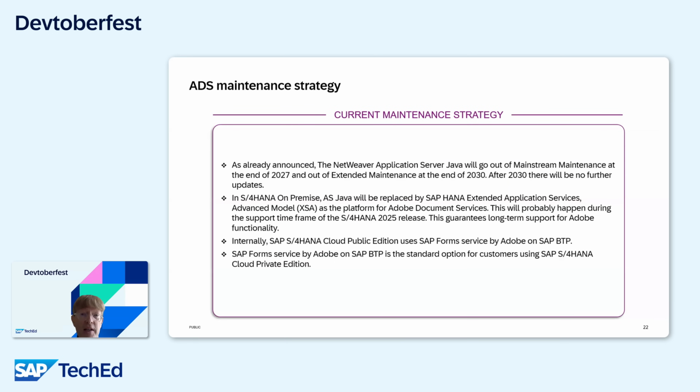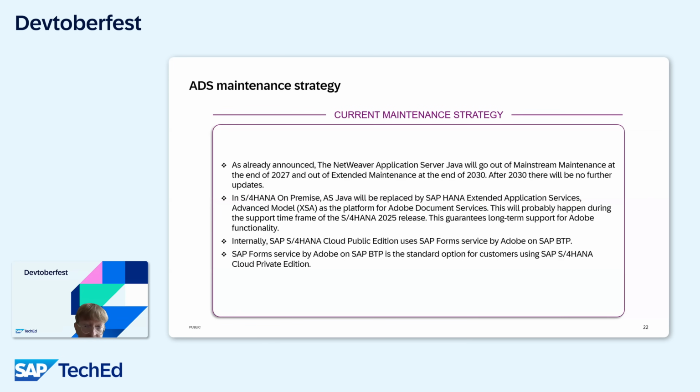Instead, what we're going to do is replace things with what's known as, take a deep breath, SAP HANA Extended Application Services Advanced Model, XSA. Now, the key term here is XSA. This is the other name that we use for the local deployment option. This is what we'll be using in future for ADS for customers who want to stay on premise.